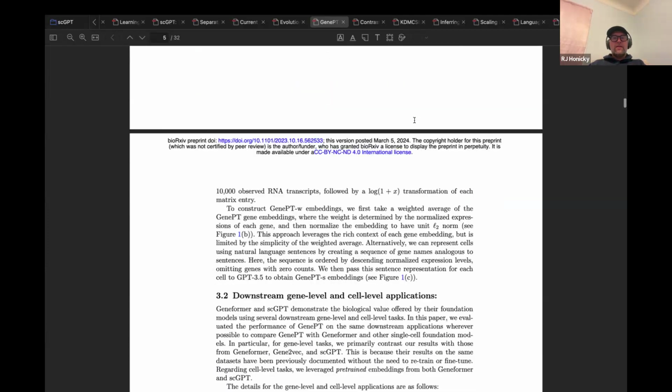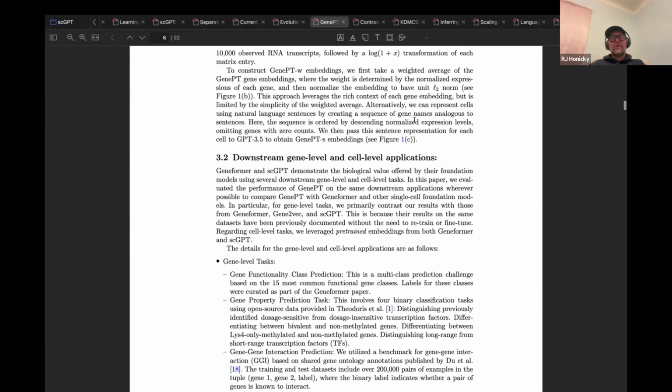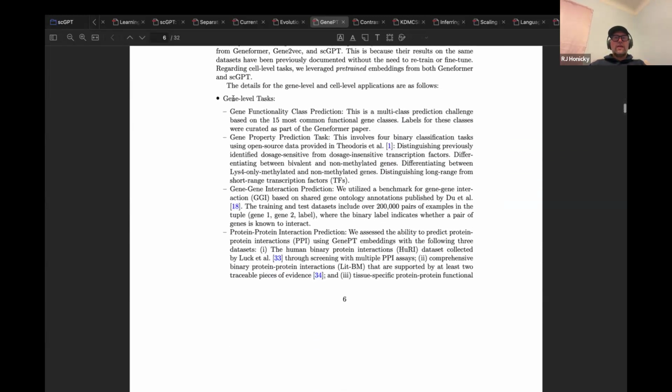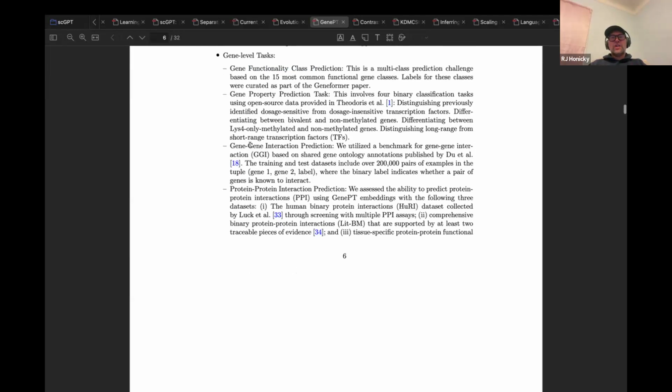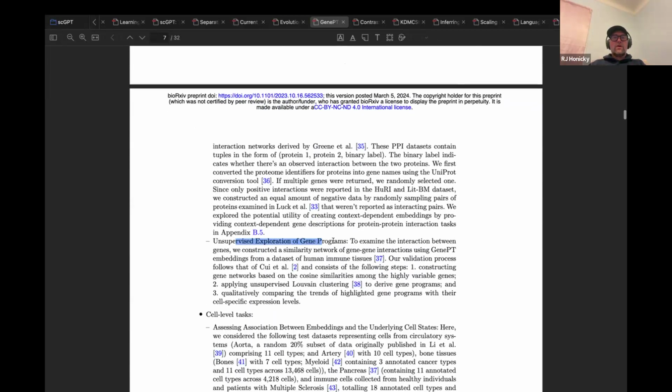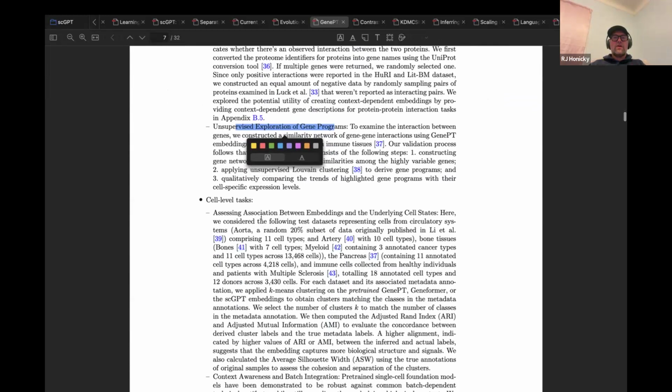And then they have some different applications. They have functionality class prediction, meaning what is the function of this cell, and gene-gene interaction, other unsupervised tasks, and then looking at different cell states.